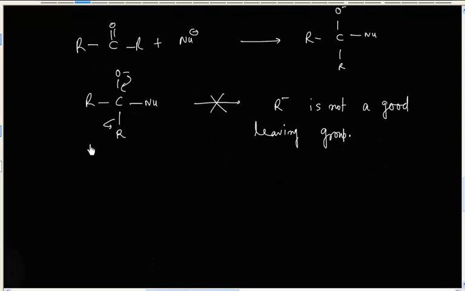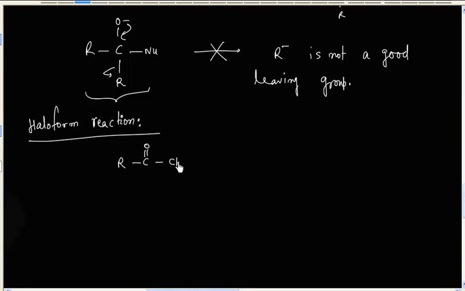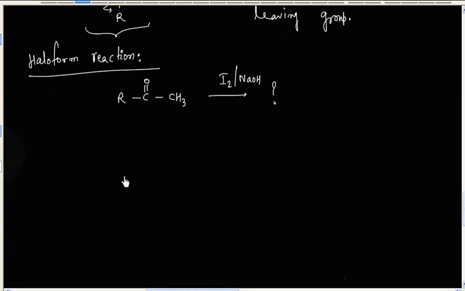At one place we have this kind of reaction where we can lose R as a leaving group. That is the haloform reaction, if you remember. We can lose basically a leaving group in this case.